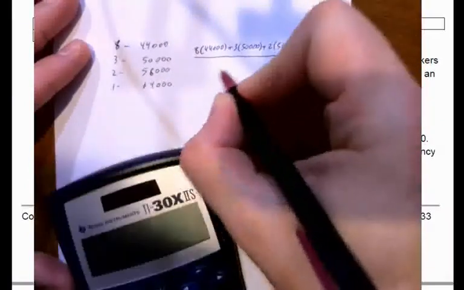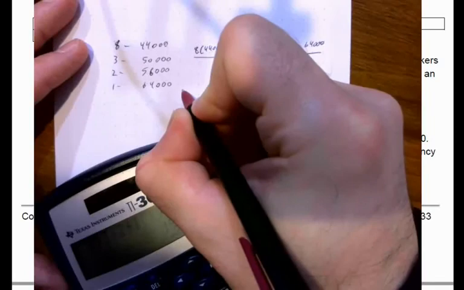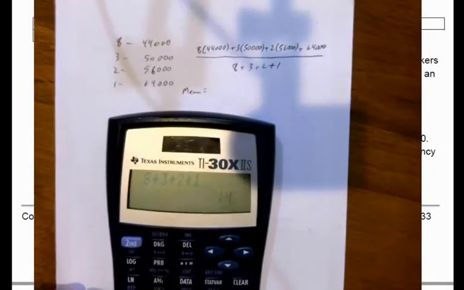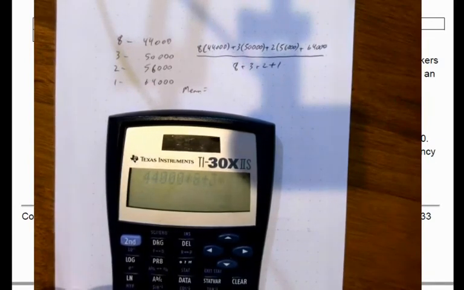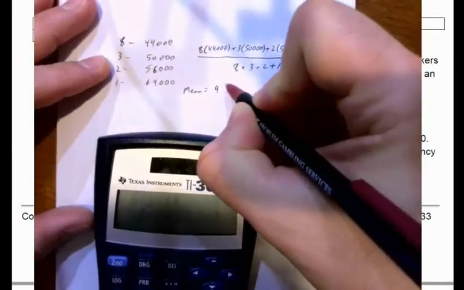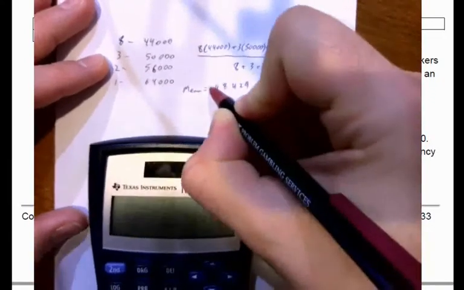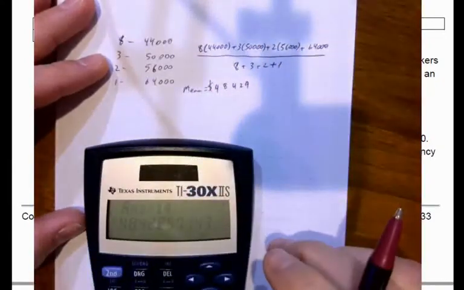Divide all that by 8 plus 3 plus 2 plus 1, which is 14. We have a mean salary of $48,429.